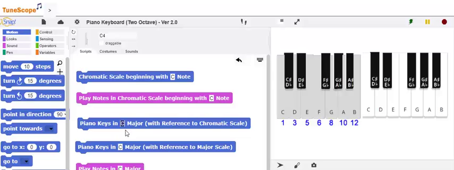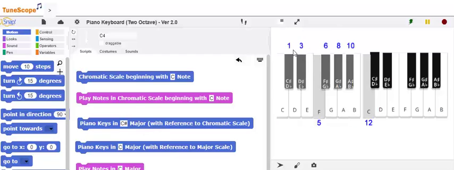So if we look at C sharp, then we would get a pattern that looks like this: 1, 3, 5, 6, 8, 10, and 12. The ratios of each of the keys in this subgrouping of seven keys within the entire chromatic scale is always the same.